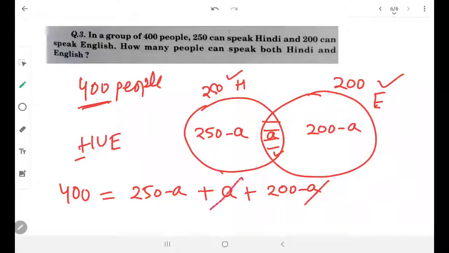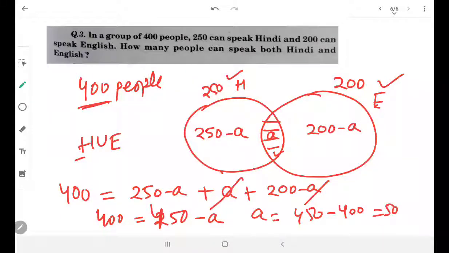So A and A got cancelled, so 400 is equivalent to 450 minus A, so A will be equivalent to 450 minus 400, that is just 50. So 50 people will be there who can speak both Hindi and English.